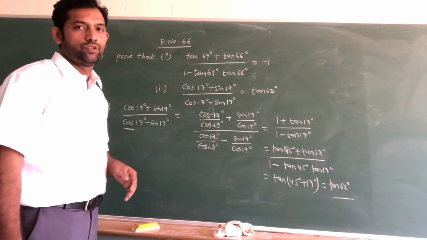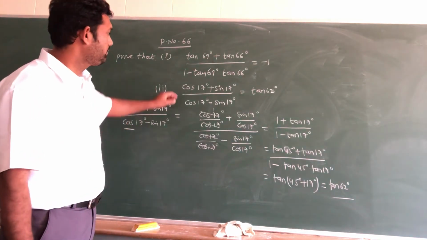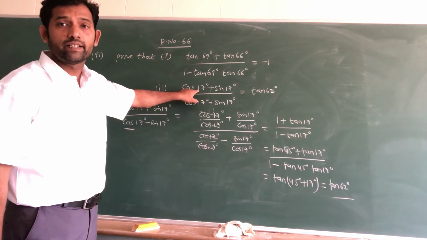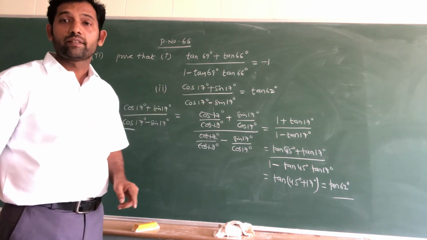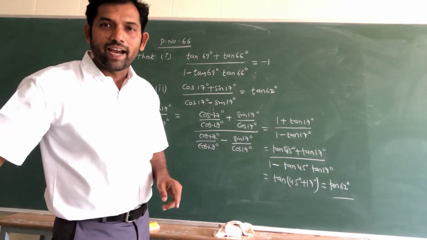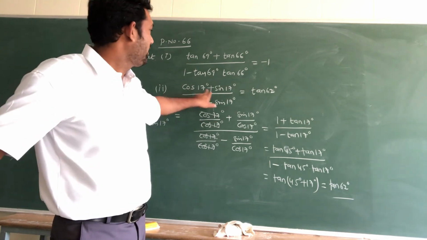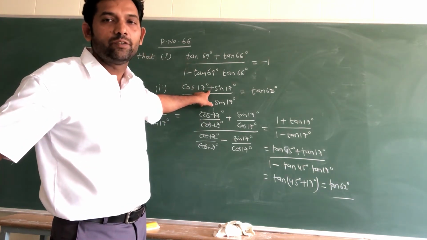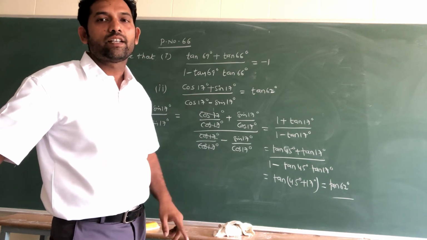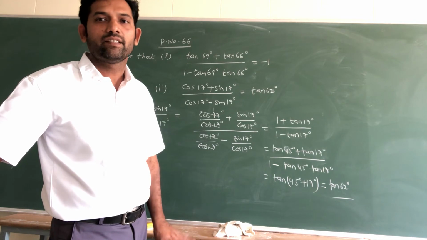Now, what is the trick? Here, with cos 17 plus sin 17, you have to add 45 plus 17. Where it is cos 17 minus sin 17, you have to take 45 minus 17. That's it.